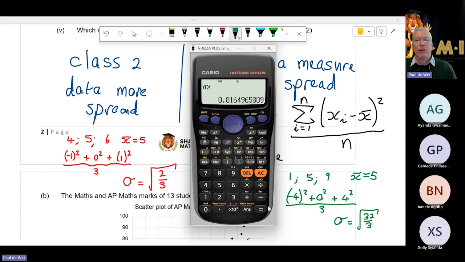All right, now what I'm going to show you is that if you square 0.816, because that's the standard deviation, we will get 2 over 3. 2 over 3, 0.6666. So this one is 0.816.